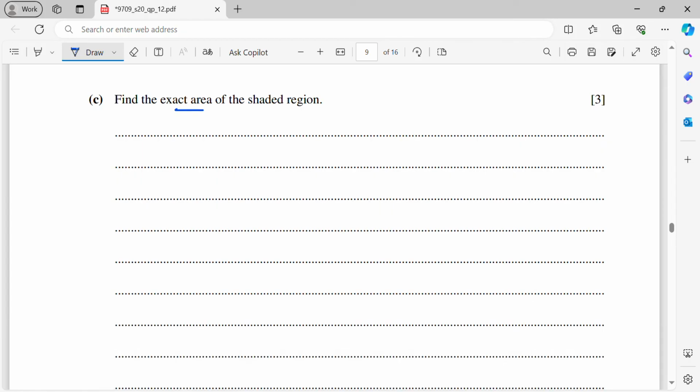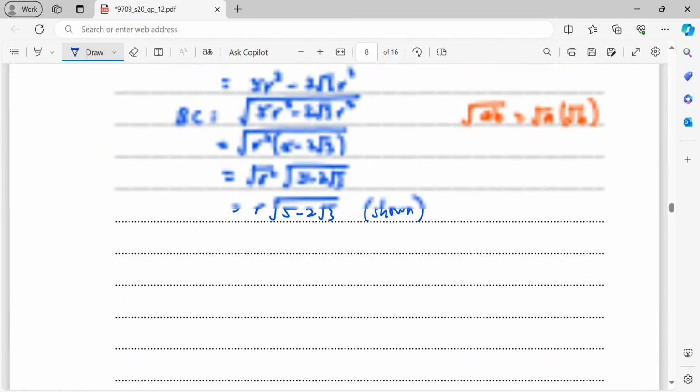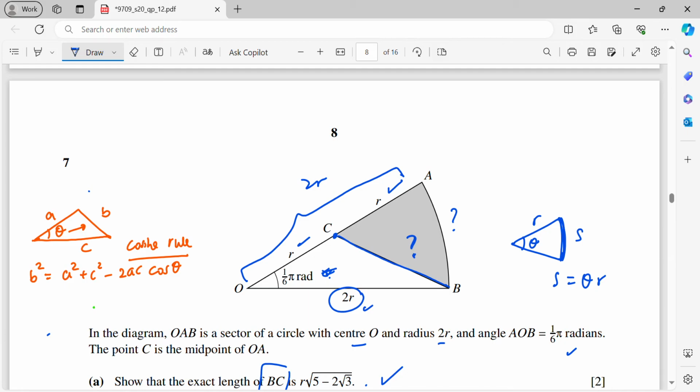C, find the exact area of the shaded region. So to get the area, okay, I will say that it is area of the sector AOB minus area of triangle OCB. Right?